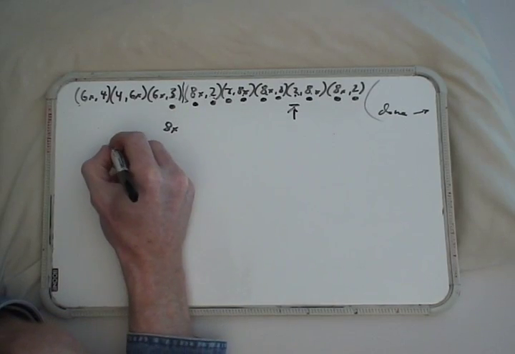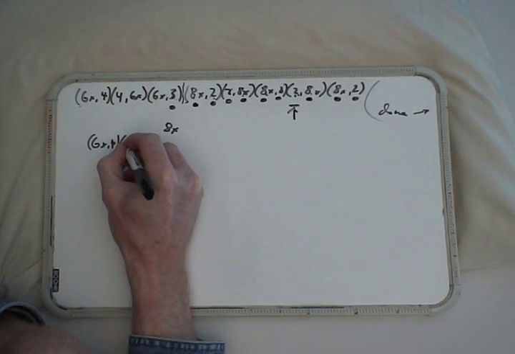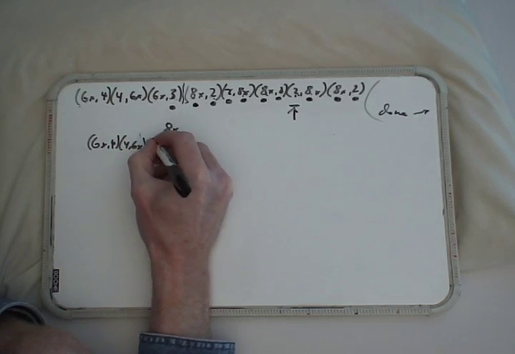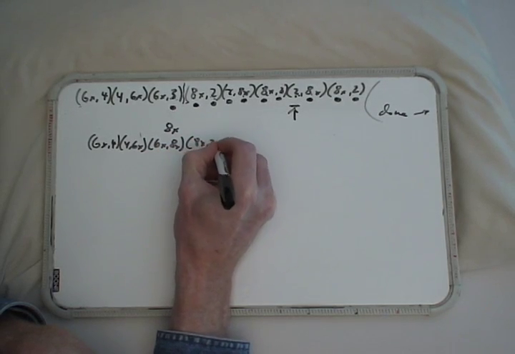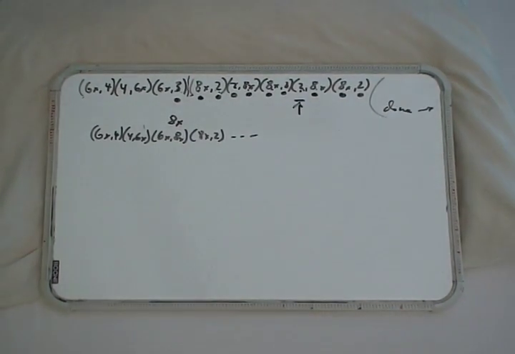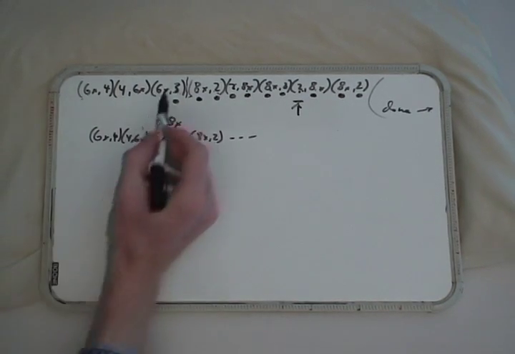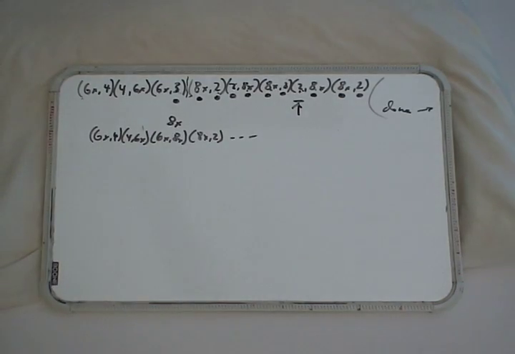Okay, so this is our transition. We're doing 6x, 4, and then we do 4, 6x, and then we do 6x, 8x, and then 8x, 2. Okay, and we're now in the other trick. So that's what we get if we only muck with that throw.